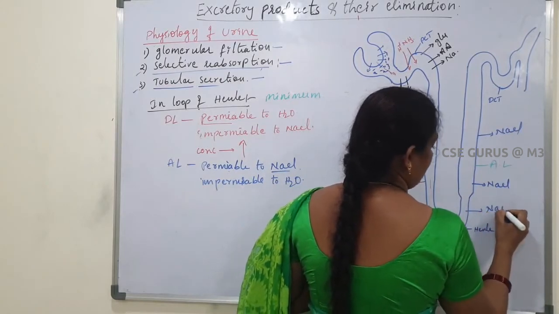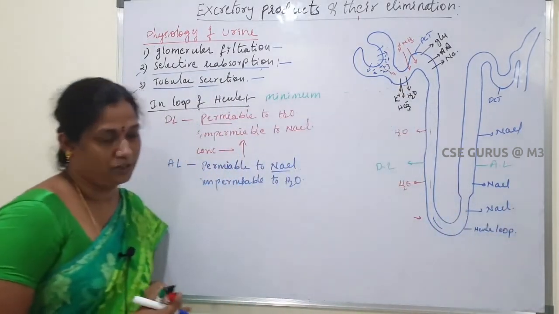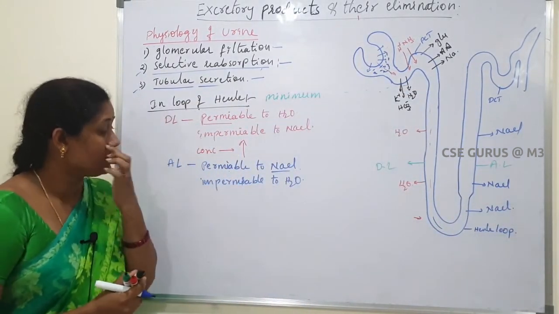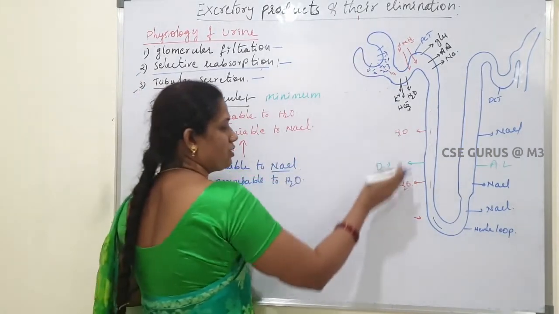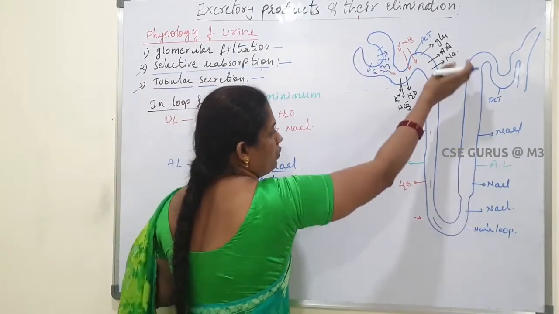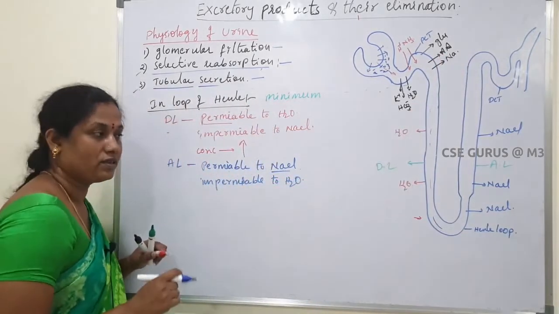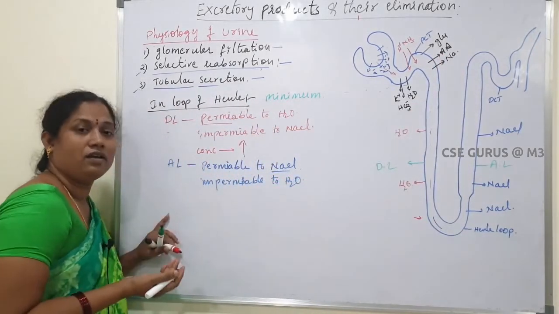The water is not reabsorbed here. So in the descending limb only water is reabsorbed, in the ascending limb only sodium chloride, salts, are reabsorbed.